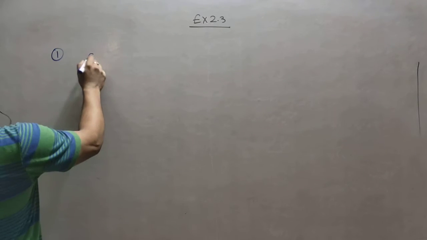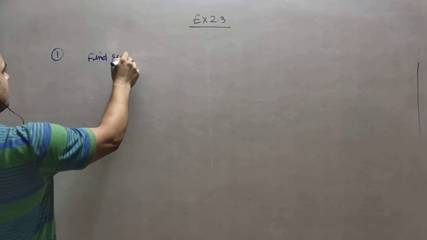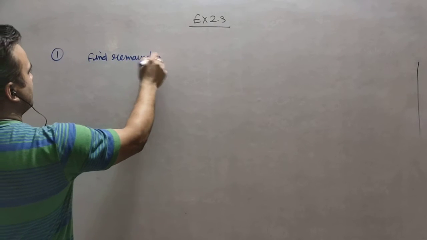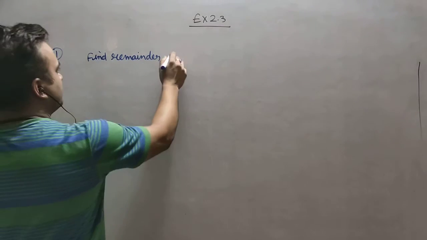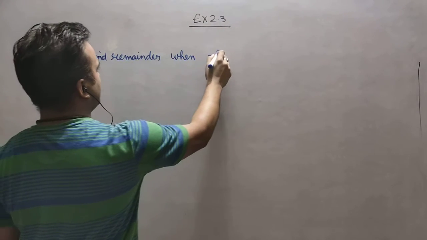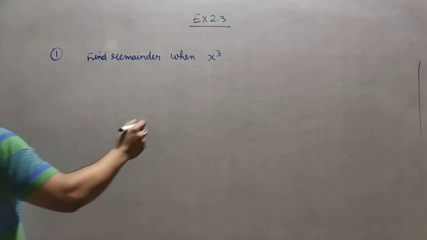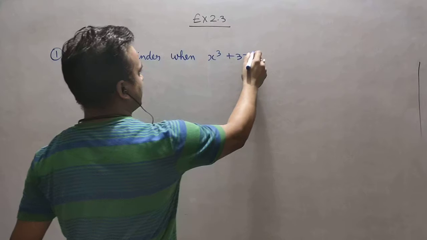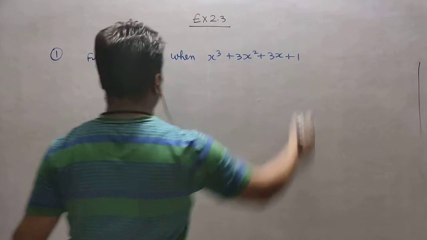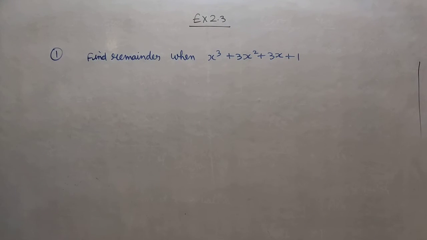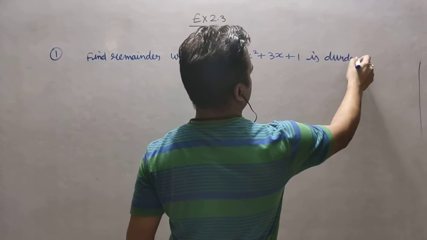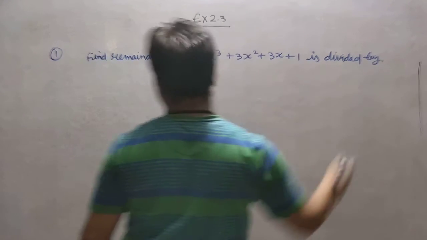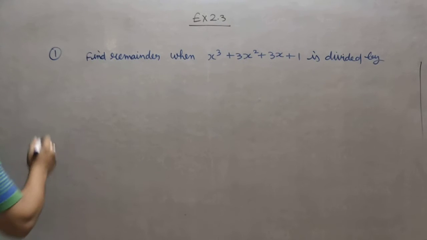So the first question is: find the remainder when the polynomial x cube plus 3x square plus 3x plus 1 is divided by something.